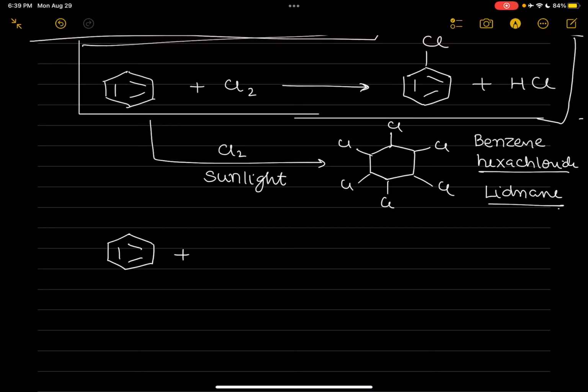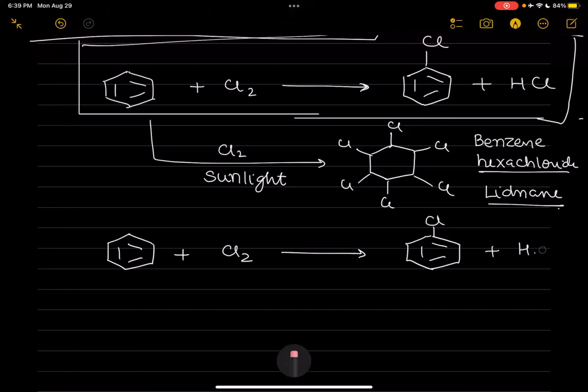Can you hear my voice? So which type of reaction is this? First of all, tell me. Is it an addition reaction? Is it an elimination reaction? Or is it a substitution reaction? Sir, I think it's an addition.